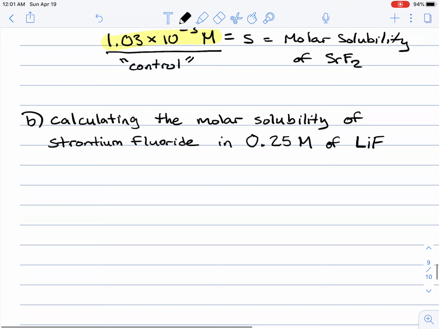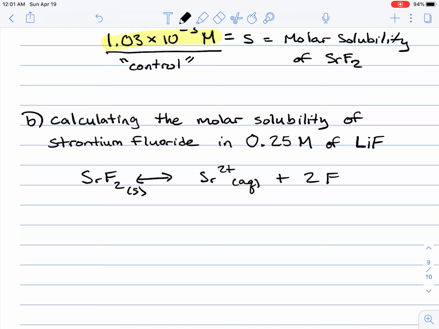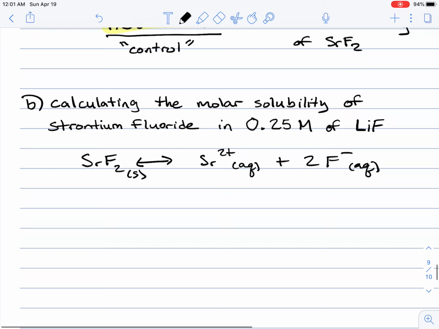Once again, I'm going to go ahead and write my chemical equation, strontium fluoride, to produce strontium and 2 moles of my fluoride ion. And so lithium fluoride, if you check your solubility rules, Li is a group 1A element.